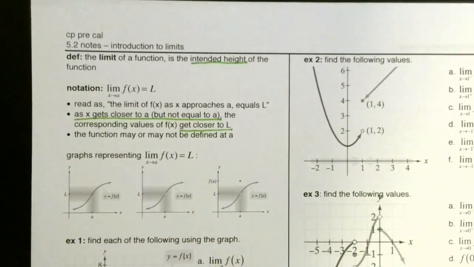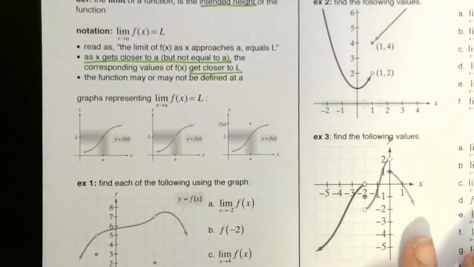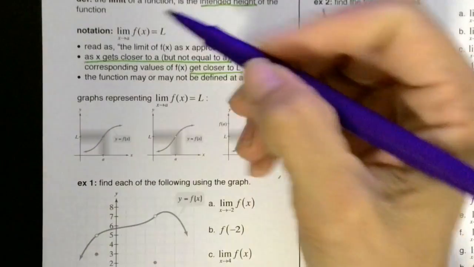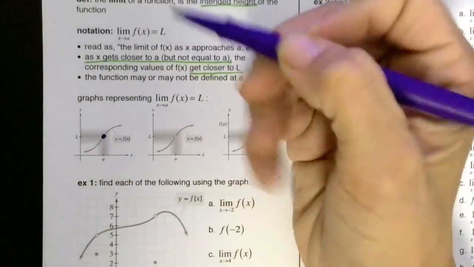So what we're going to look at right now are these 3 different graphs right here that all represent the exact same limit. So this first one right here, we have a graph and it has a solid dot.